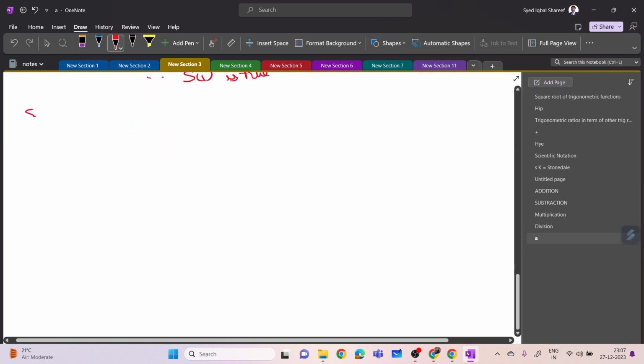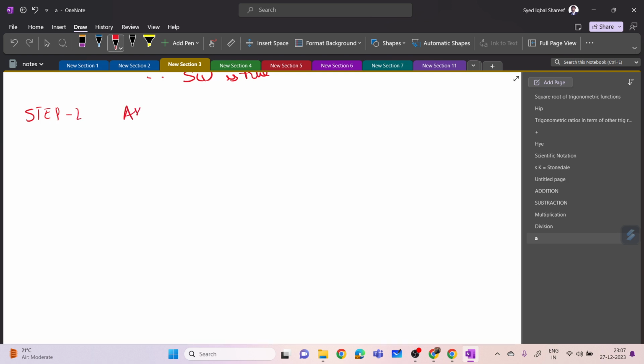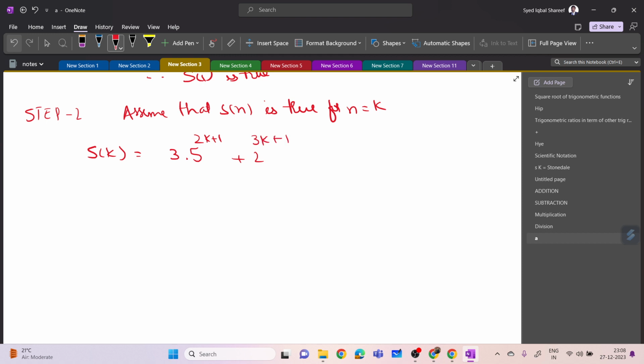What is our step 2 assumption? Step 2: let us assume that S of n is divisible by 17 for n equal to k. So S of k equals 3 into 5 to the power of 2k plus 1 plus 2 to the power of 3k plus 1. We are assuming it is true.